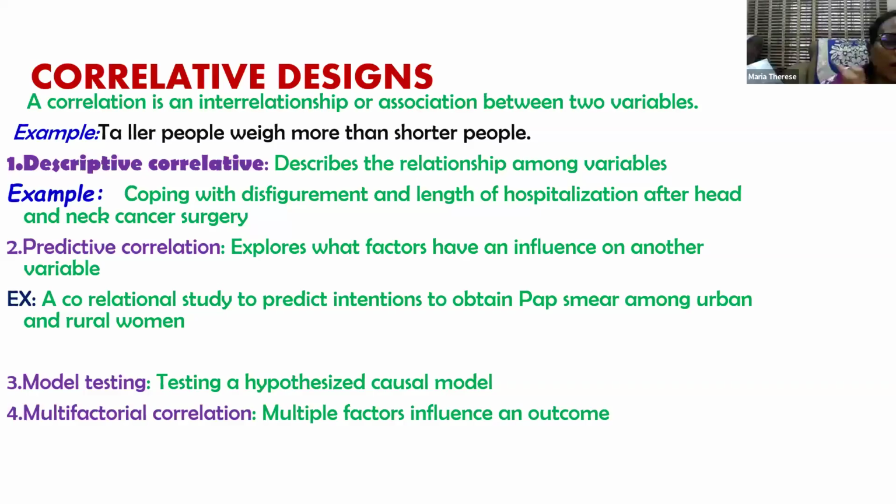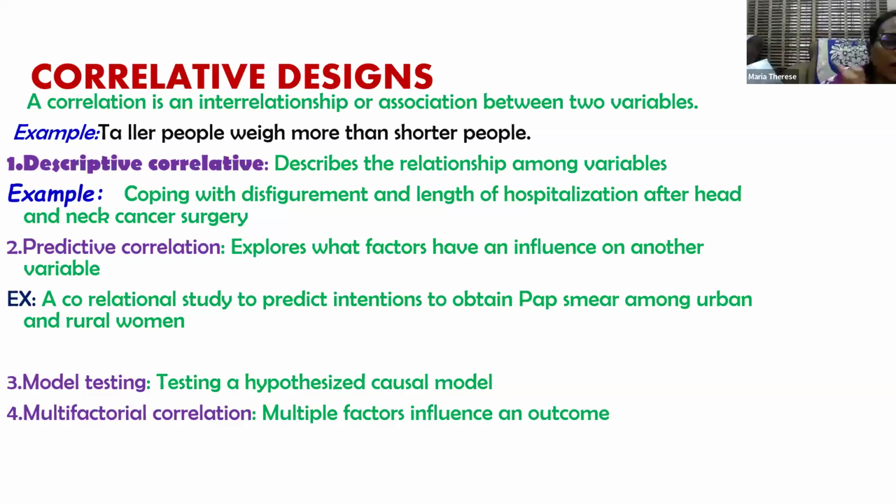And this again has got subdivisions, like descriptive correlation. It describes the relationship among the variables. For example, coping with disfigurement and length of hospitalization after head and neck cancer surgery is descriptive. So they are finding out the fact by connecting the two.